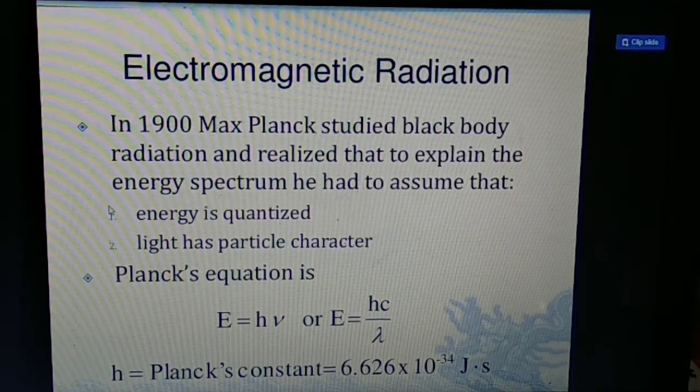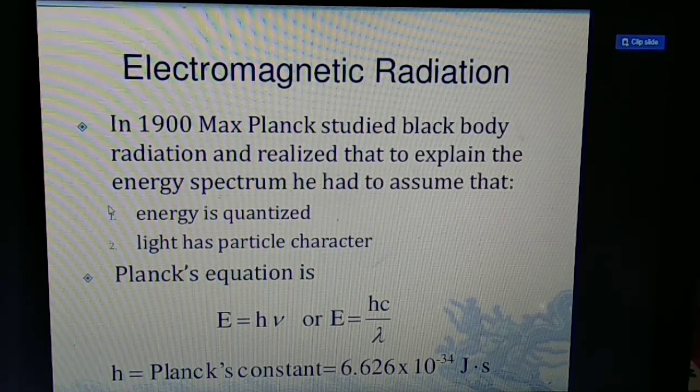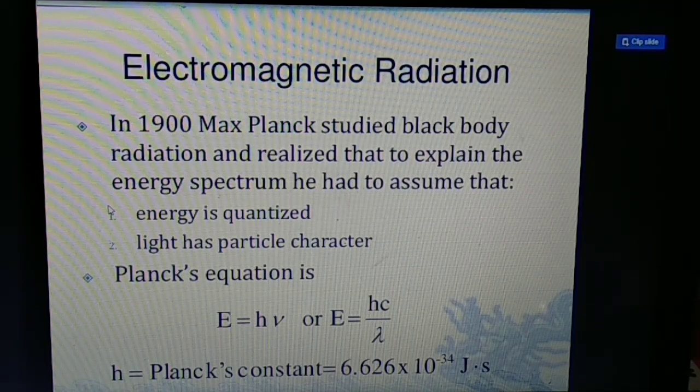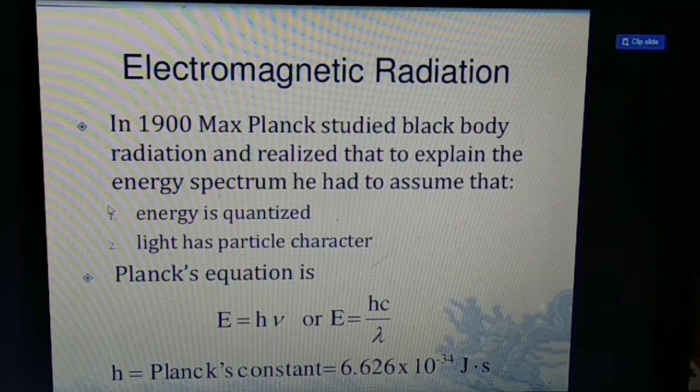The Planck's equation is E equal to h into nu, where nu equal to c by lambda. According to the wave character of light, c equal to lambda into nu, where c is velocity of light, lambda is wavelength of the wave and nu is frequency of the wave.